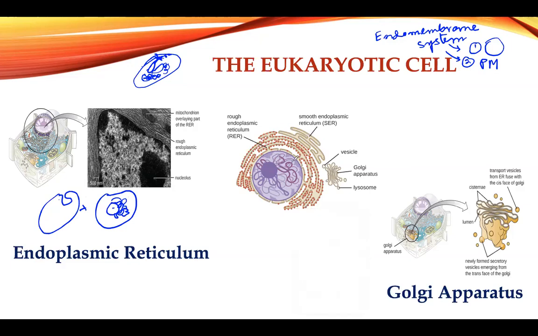Endoplasmic reticulum is an interconnected array of tubules, flattened sacs or disc-like structures. All of them are internally connected with each other. And every time, you are going to see the endoplasmic reticulum remain attached with the nucleus.